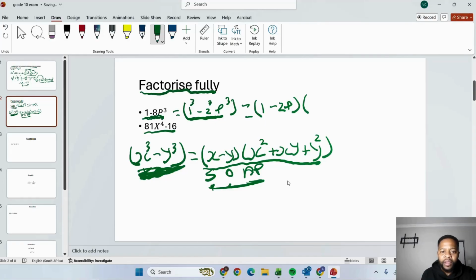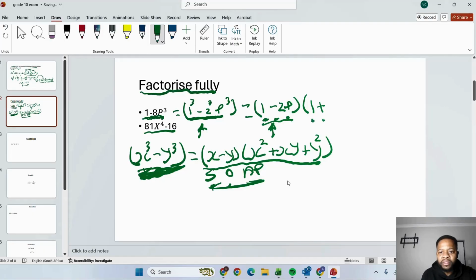The sign here is going to be, remember it says same, so the same sign, negative, as you can see here in our original expression. We maintain that negative. This is our first term, this is our second term, and then the sign is still the same. Then we jump to this side, and it becomes positive.